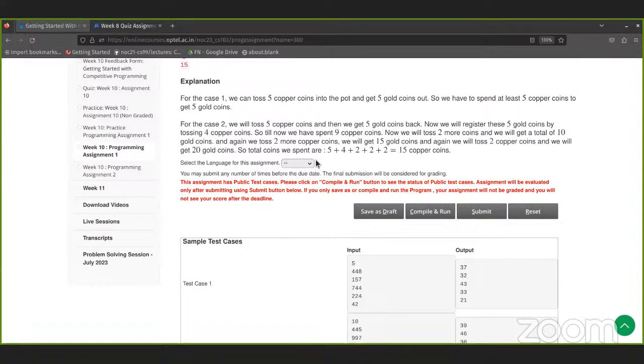Sir, in the first week it also happened that when the constraints were given as less than 10 to the power 9, and I used int, it was not accepting, but when I used long, then it accepted. So it might be that the test case is exceeding the limit. But actually, if it exceeds, then you will be getting a TLE most probably, not a wrong answer, I believe.